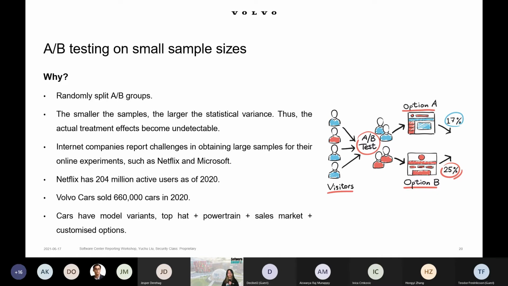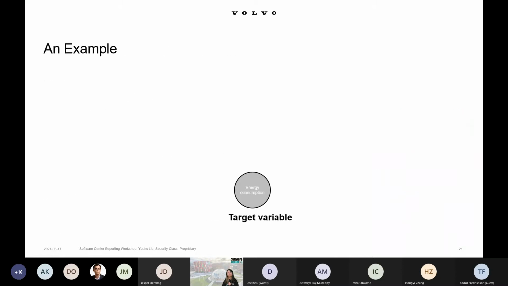And on top of that, just to compound on the shortcoming, all the vehicles have top hat, powertrain, sales market, and customizable options that further limit how many directly comparable variants we have out in the field.